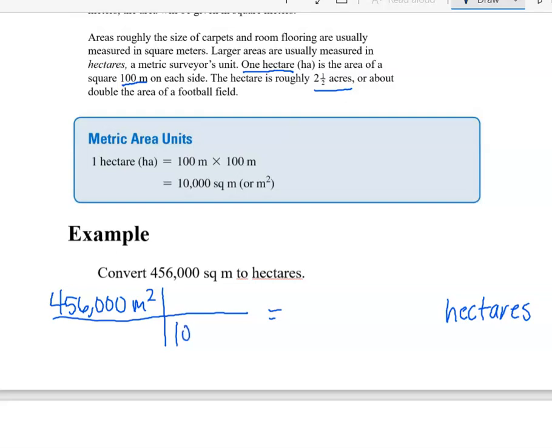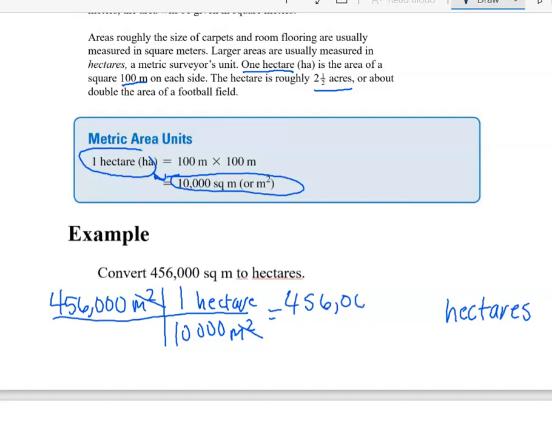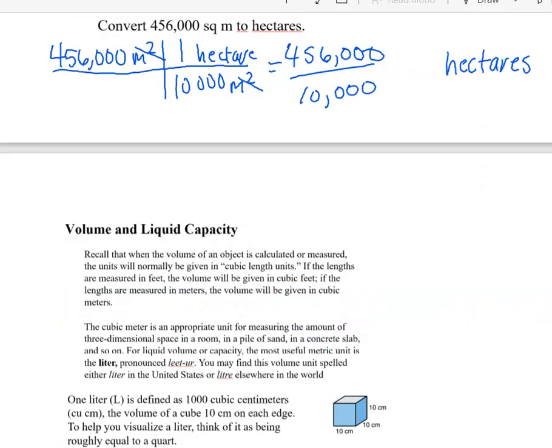So we want the square meters to cancel out, so we're gonna use this to make that happen. So we're gonna need to do 456,000 divided by 10,000, which is going to get us 45.6 hectares.